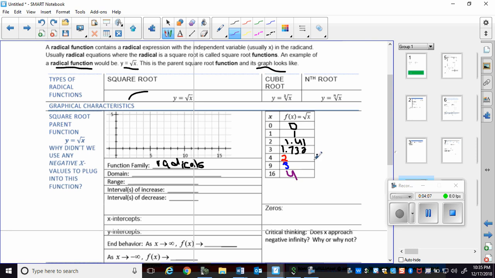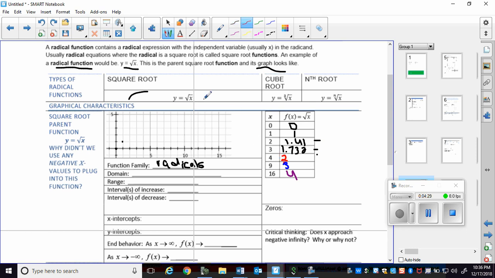Okay? So I'm going to go ahead and graph these points. So first I'm going to graph 0, 0. It's right here, right? Then 1, 1 is right here. Then 2, 1.41. I'm going to skip over those decimals. Like these two, I'm just going to skip over these and focus on these right here if I can.